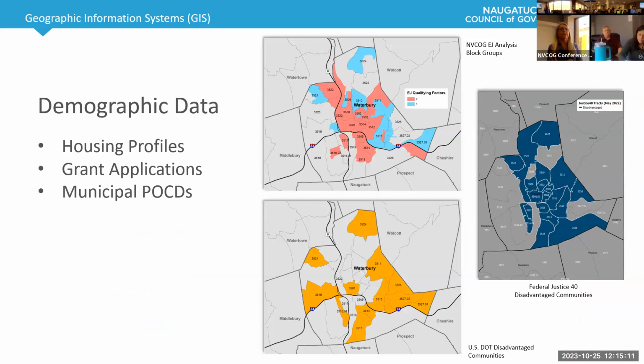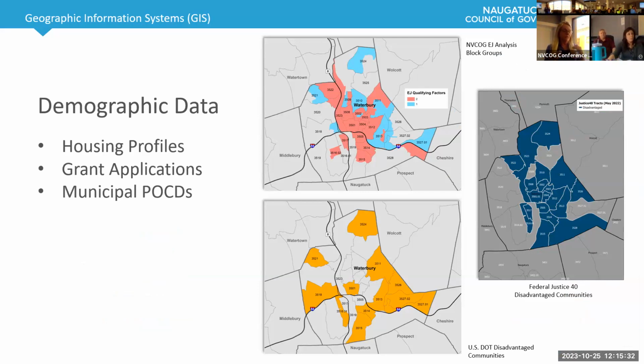As I said before, we collect a lot of mostly census data, some other state data, DECD data, on jobs and housing. But we have that information available for housing profiles, for grant applications, and for your plan of conservation and development.